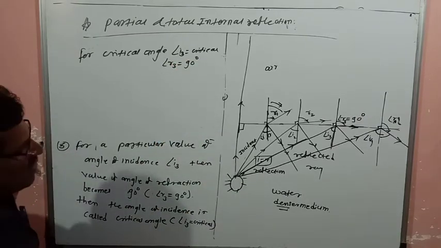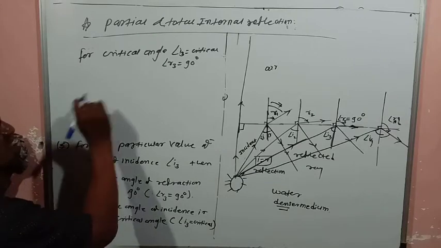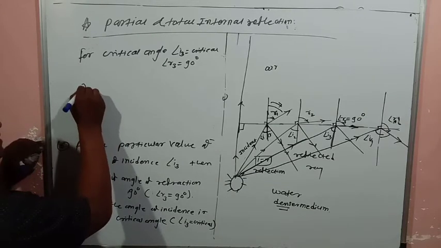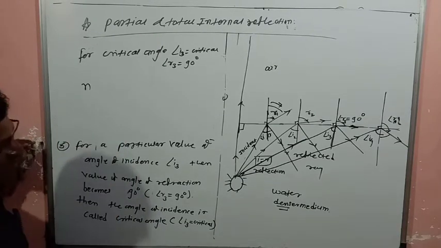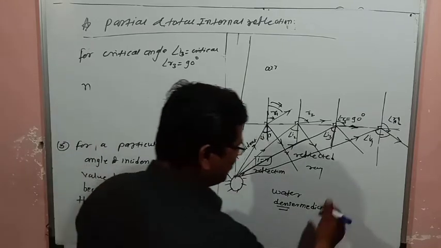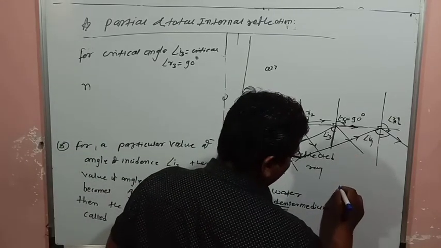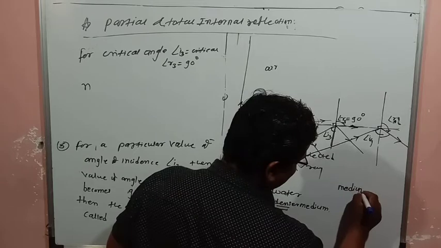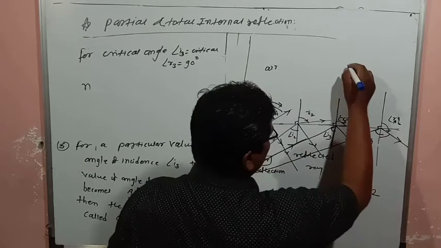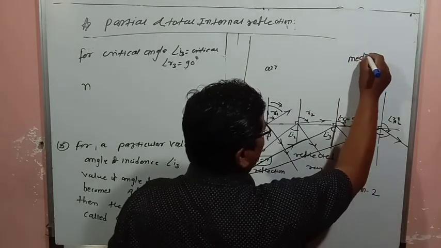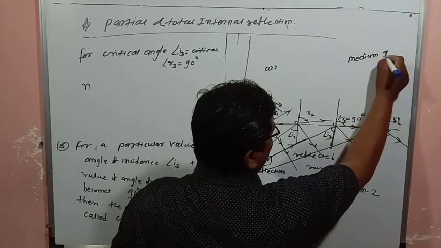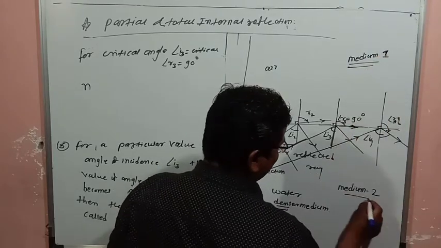For critical angle, refractive index, now just give attention: suppose this one is medium 1 and this one is medium 2.